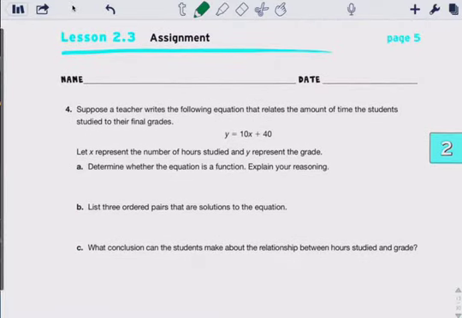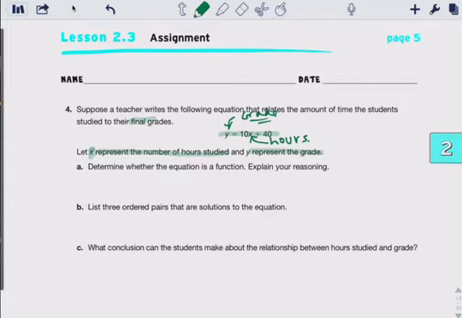Okay? Suppose a teacher writes the following equation that relates the amount of time students studied to their final grade. Let x represent the number of hours studied, and y represent the grade. So y is the output, that's the grade. Okay, the input is the hours studied. The number you input, you substitute in to find what grade they'll get.